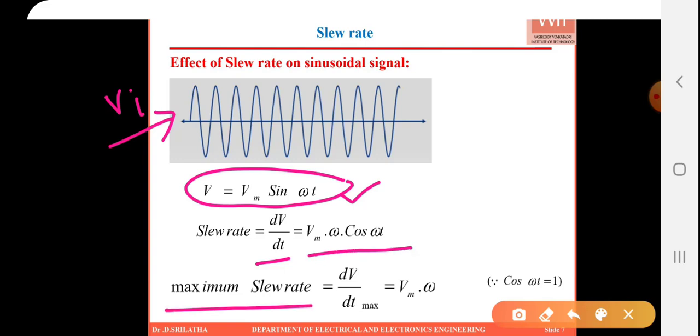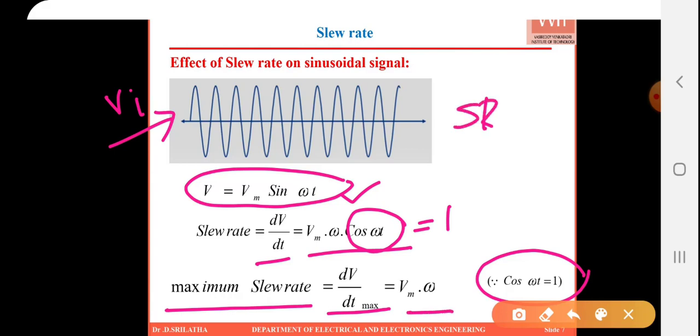Then what is the maximum slew rate? dV/dt maximum occurs when ωt equals 0, that is cos ωt is 1. So by putting cos ωt equal to 1, we have the maximum slew rate of Vm times ω. So for a sinusoidal signal, the maximum slew rate will be Vm ω.